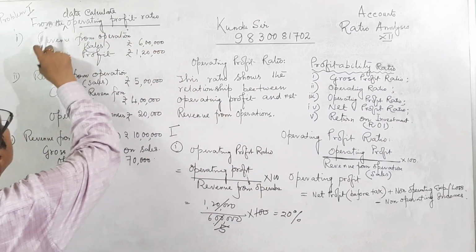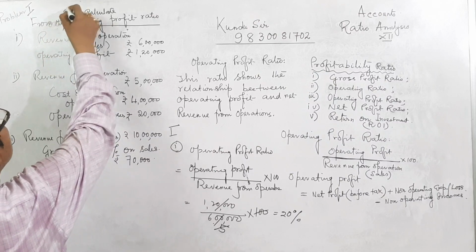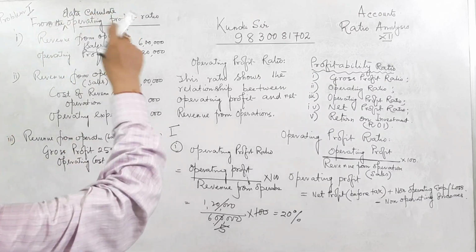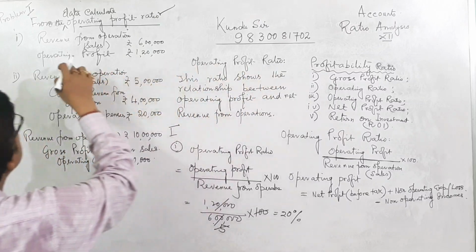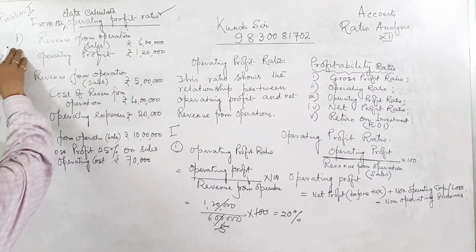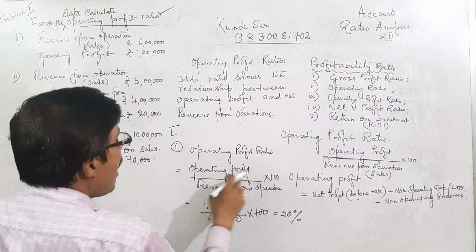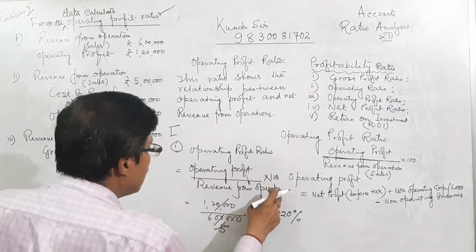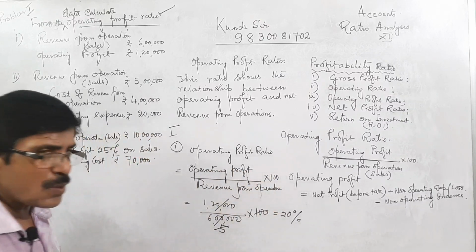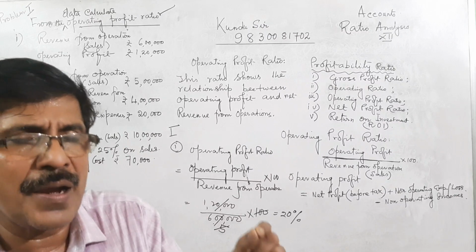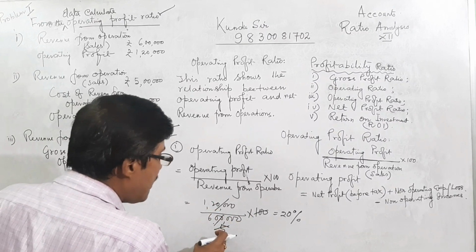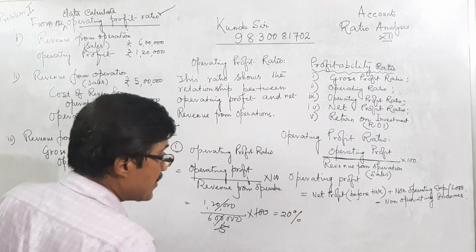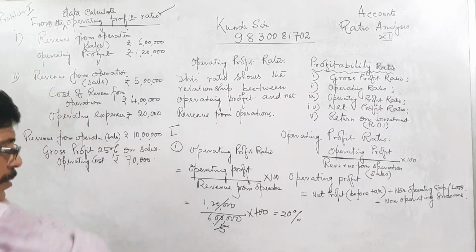That is operating profit ratio for Roman number 1: operating profit upon revenue from operation into 100, that is 1,20,000 divided by 6,00,000, that is equal to 20%. It is for Roman 1.